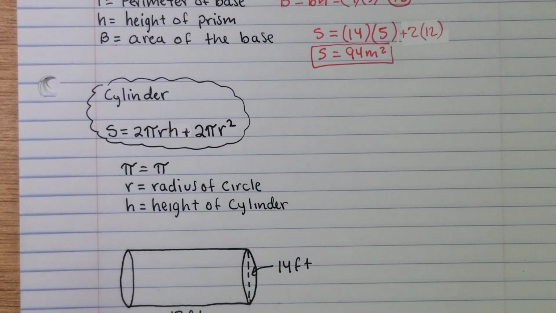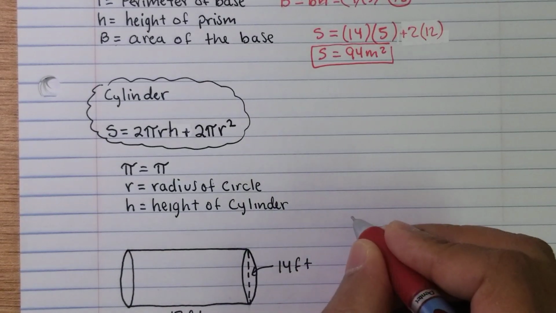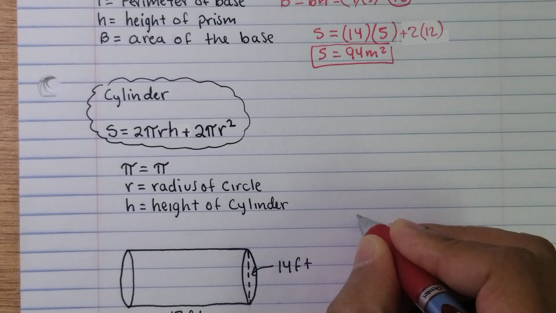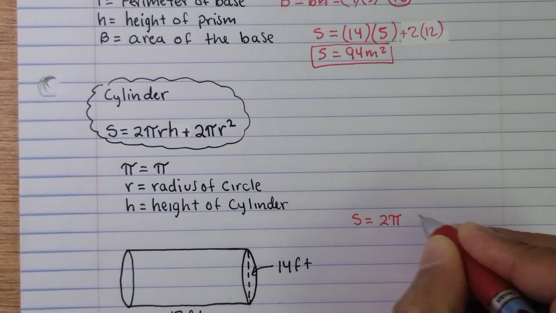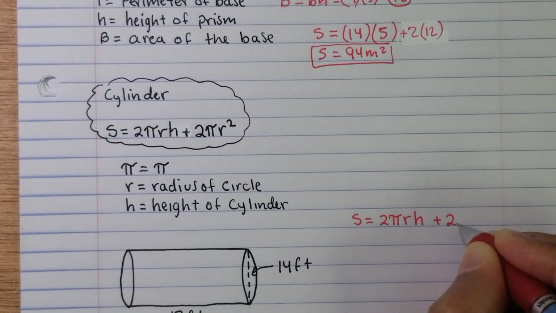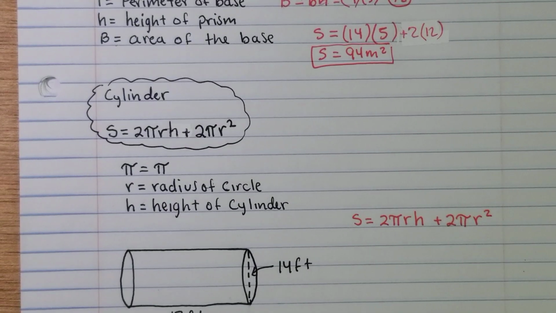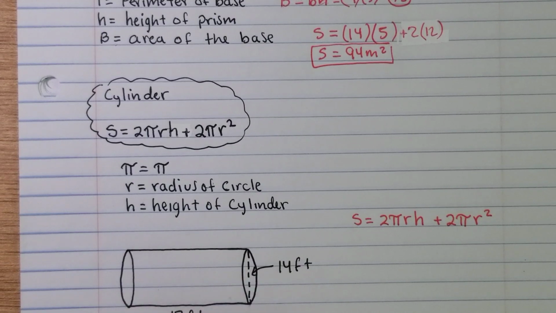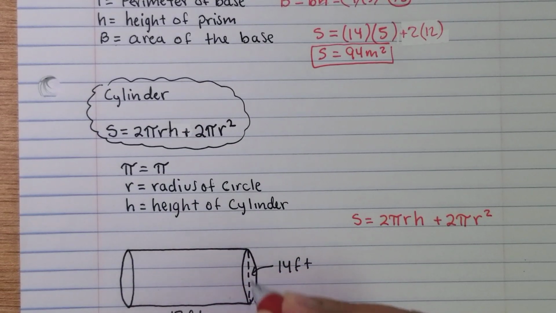So to find the surface area of this cylinder, I'm just going to state the formula. The surface area equals 2 times pi times the radius times the height, plus 2 pi times the radius squared. So I know this is the height here, and I'm given that 14 is this segment here, but this segment is not the radius, this is the diameter.